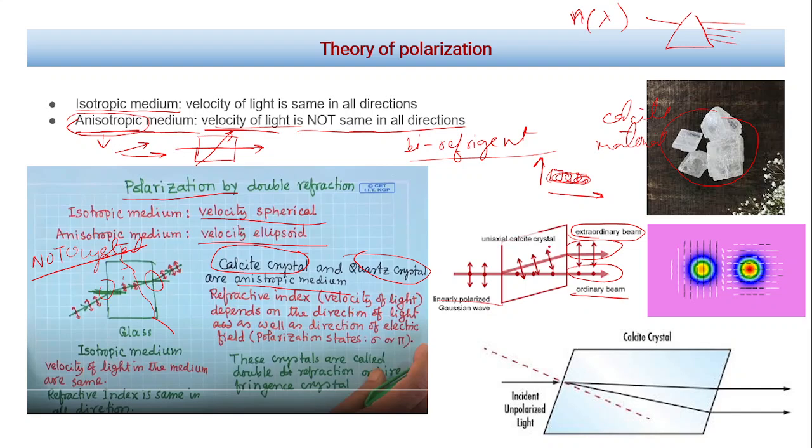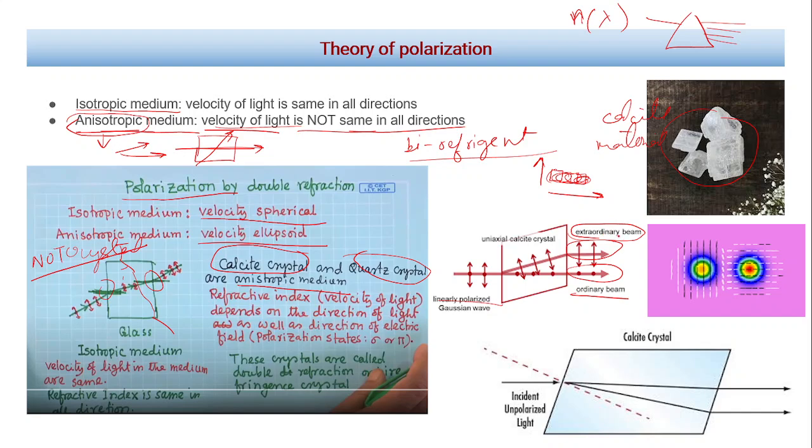So what is the ordinary beam? As you know, we have laws of reflection and laws of refraction, and we expect that all light follows these laws. So the ordinary beam is the one that follows Snell's law, the second condition of the laws of refraction. But the extraordinary beam, we see that it's not following Snell's law.